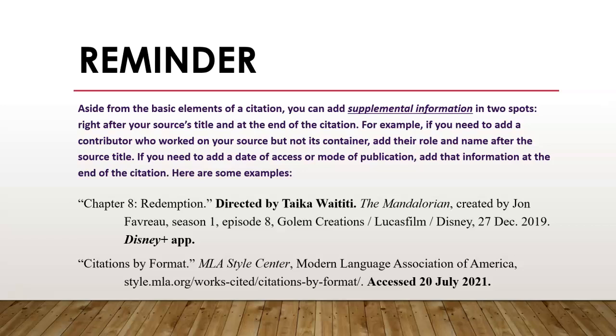For example, if you need to add a contributor who worked on your source, but not its container, add their role and name after the source title. If you need to add a date of access or mode of publication, add that information at the end of the citation. Here are some examples.